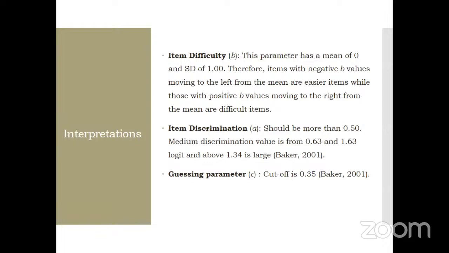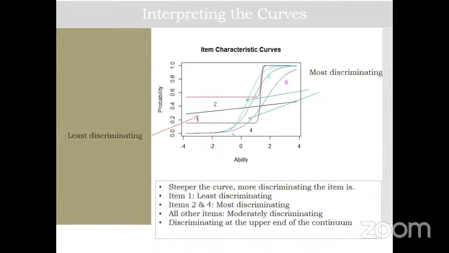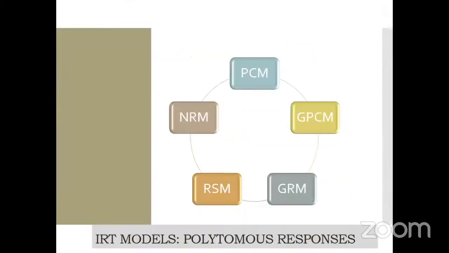For the item discrimination, it should be more than 0.5. 0.63 to 1.63 is considered to be medium discrimination, and above 1.34 is considered to be large. Guessing parameter cutoff is 0.35. Interpreting the curves I have already discussed, so I'm not going into the details.